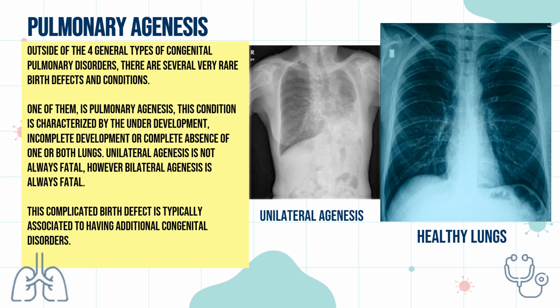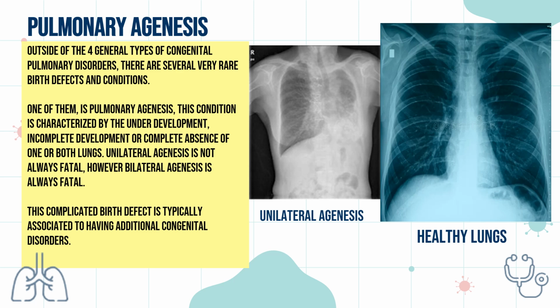Unilateral agenesis isn't always fatal. However, if a fetus doesn't develop both of their lungs, it is always fatal. People can survive with only one lung.